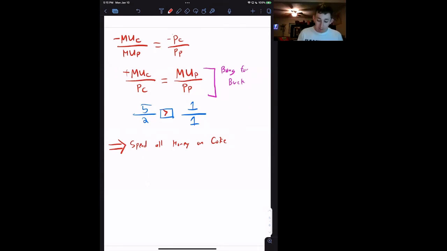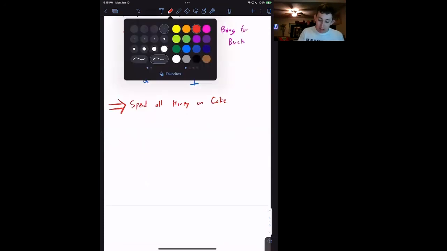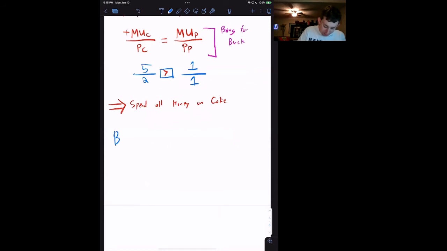And say it this way, before, we had the marginal utility of Coke over the price of Coke, which is 2, and the marginal utility of Pepsi used to be 1 over 1.